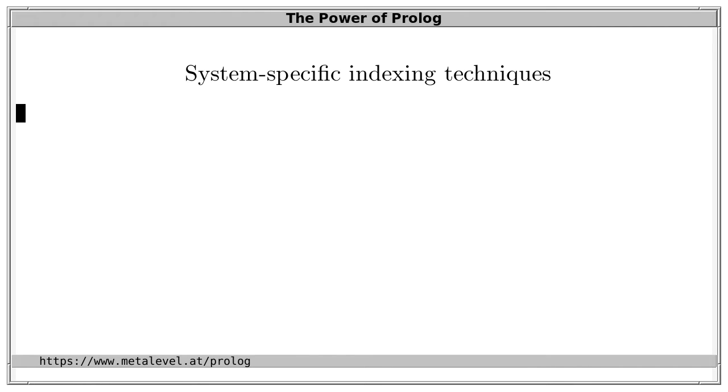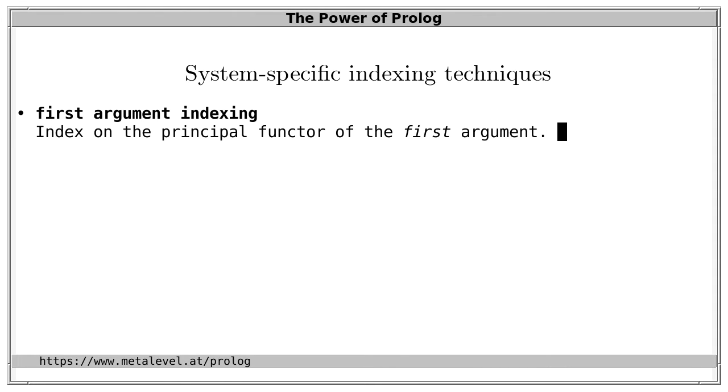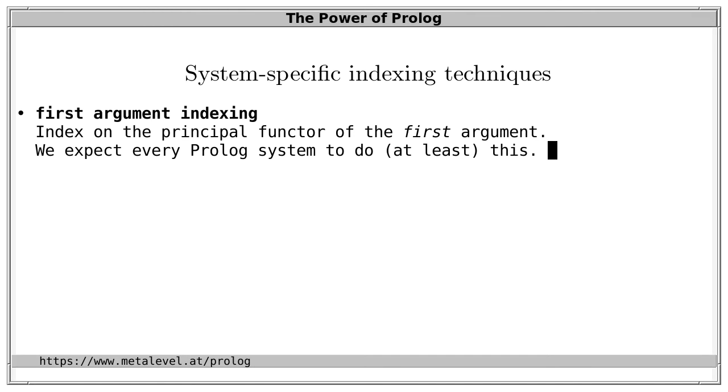And I stress again that this is system specific, so there's nothing that requires a Prolog system to implement a particular indexing scheme. However, the baseline for indexing is first argument indexing. This means that the Prolog system indexes on the principal functor of the first argument of each predicate. And I say baseline because we expect every Prolog system to do at least this.